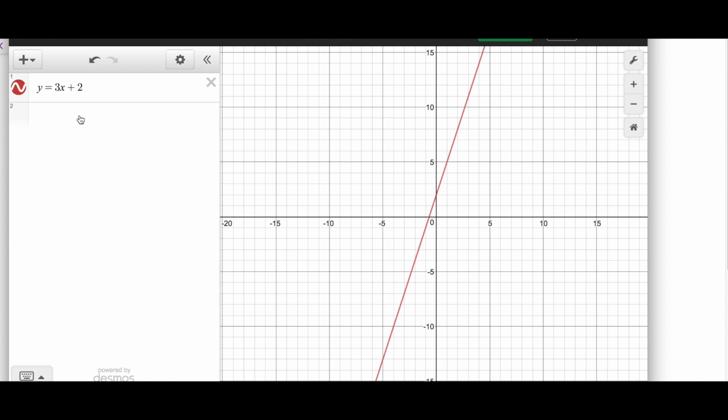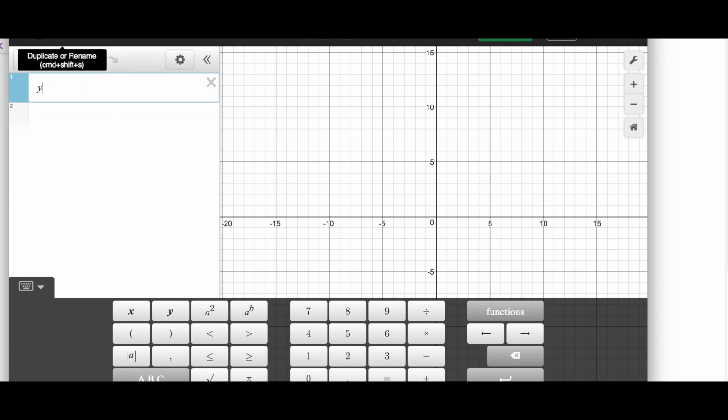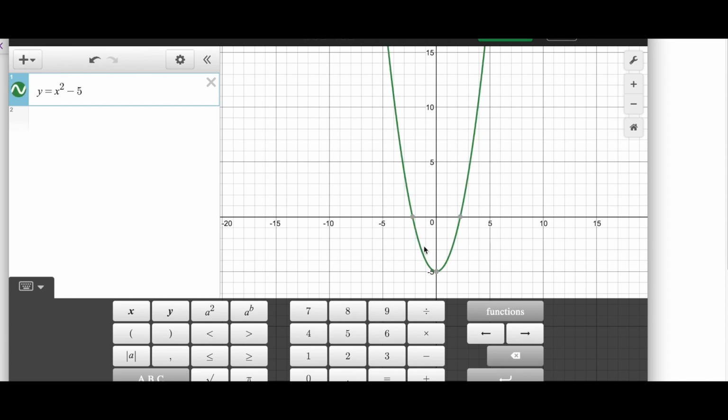I'm going to do a different one. We'll get rid of this line. Y is equal to x squared, x to the power of 2 minus. Do you know what these points right here are called? Those are called x-intercepts. Why are they called x-intercepts?